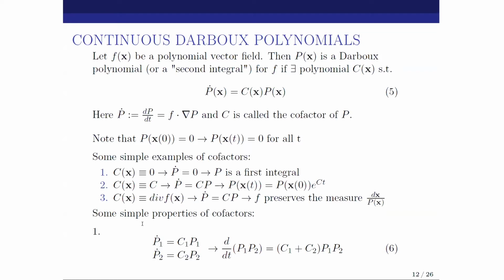Now, for these double polynomials, weak integrals, or second integrals, you see that if P equals 0 at time 0, then it stays 0. So you get a subset of phase space, but phase space is not foliated.